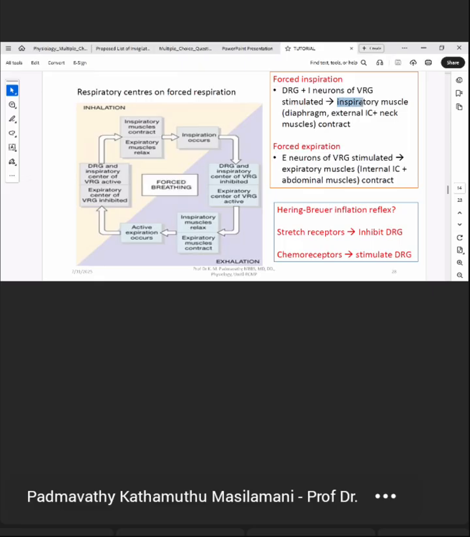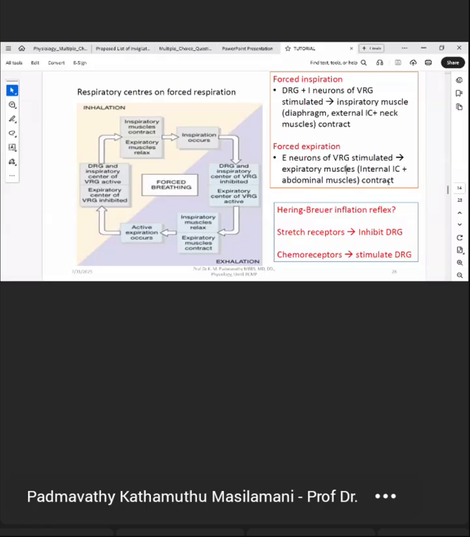That will stimulate the inspiratory muscles, including the neck muscles, external intercostal muscles, and diaphragm to contract. But for forced expiration, the DRG is not involved, only the E neurons of the VRG are stimulated. At the same time, the DRG and I neurons are inhibited. So the internal intercostal muscles and also the abdominal muscles will contract.